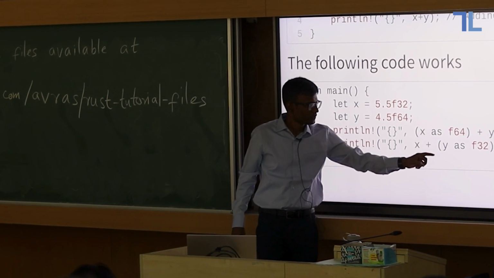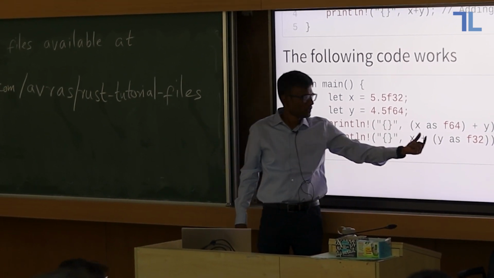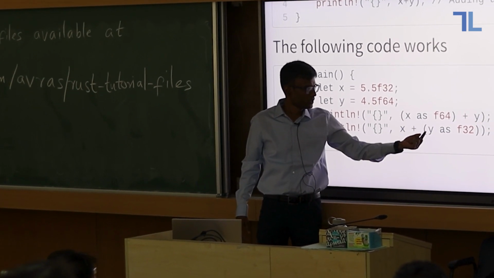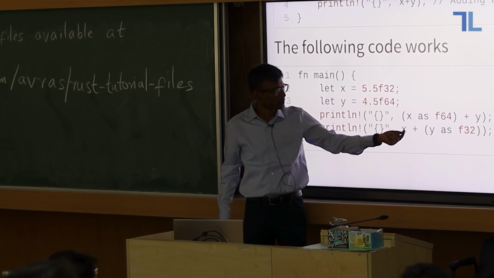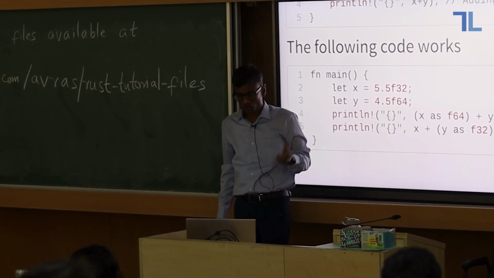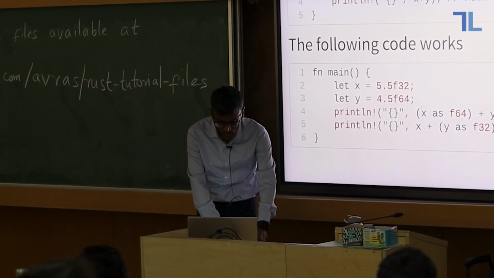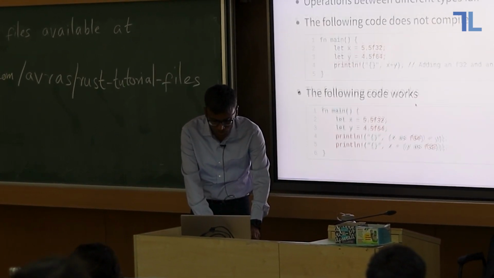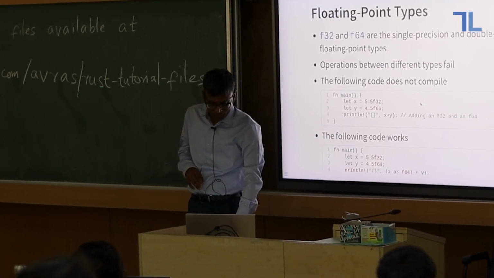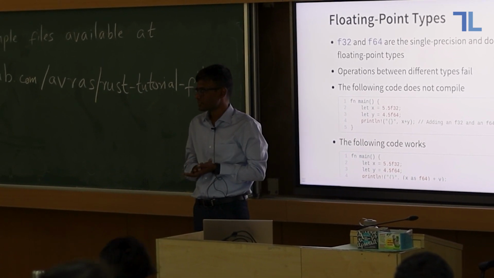This is a lossy conversion because not all 64-bit floating points may perfectly fit in a 32-bit floating point. So there may be some loss here. But if you are willing to take that loss, then you can do this. So these two operations will work. This as keyword allows you to convert between types when such conversion has already been defined in the compiler, or sometimes you can define such conversions yourself.